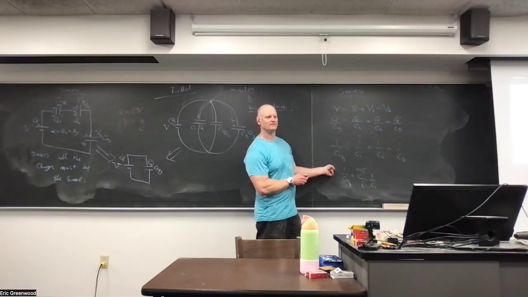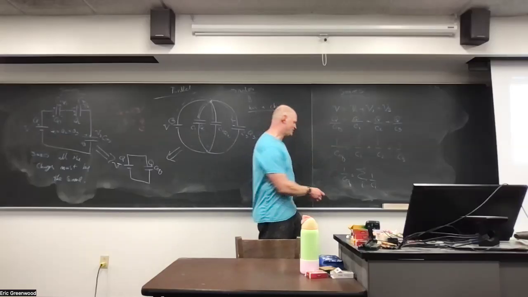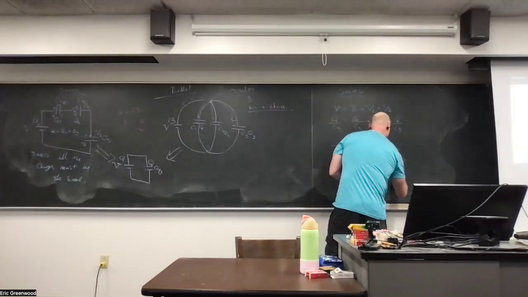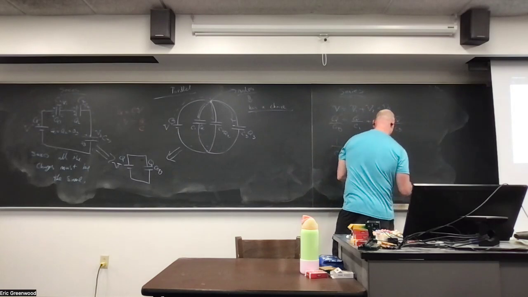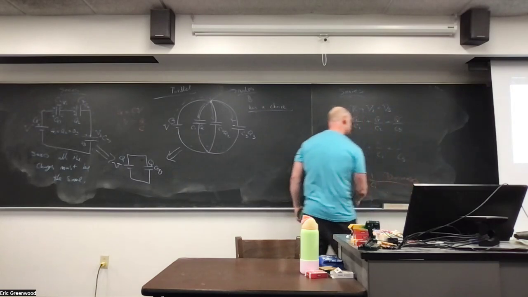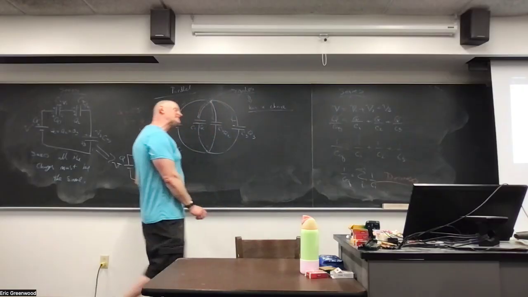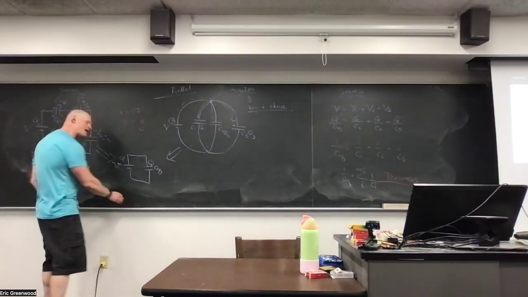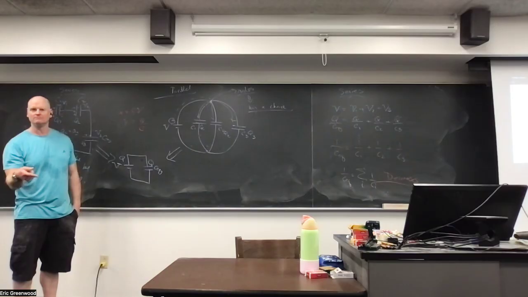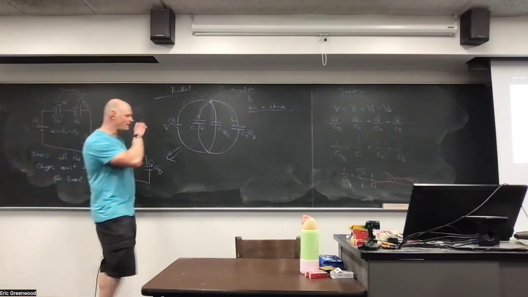It's decreasing, absolutely. So this decreases the overall capacitance. So if I ever want a capacitance less than the capacitance that I have of my capacitor, I have to add them in series because that's going to overall decrease the capacitance.